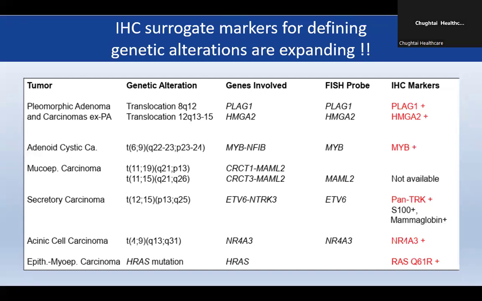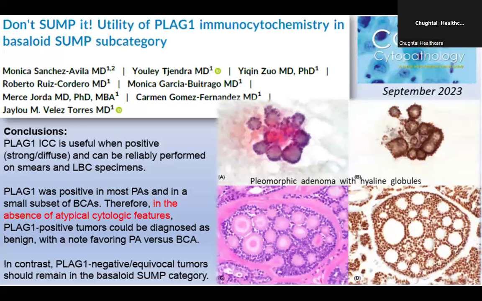So these IHC markers can be used as well. Here is another article, where we can use these IHC markers instead of calling the specimen and putting it in the SUMP category. So don't SUMP it. This is the utility of PLAG1 IHC in the basaloid subcategory. In this case, on cytomorphology the features are of pleomorphic adenoma with hyaline globules, and the IHC was positive for PLAG1.